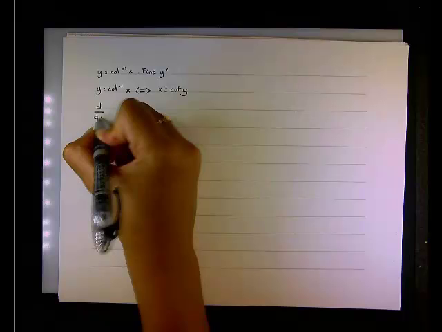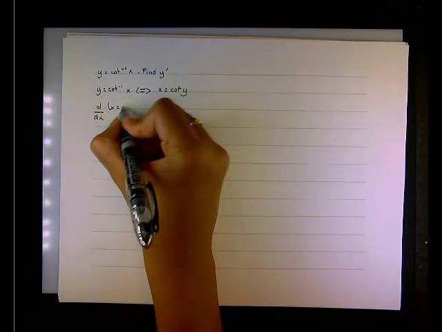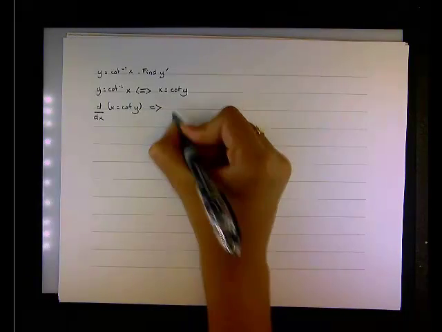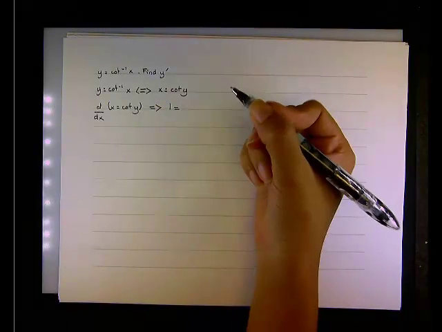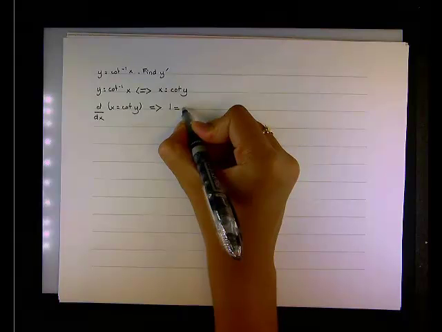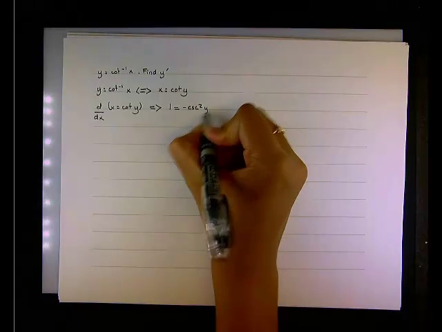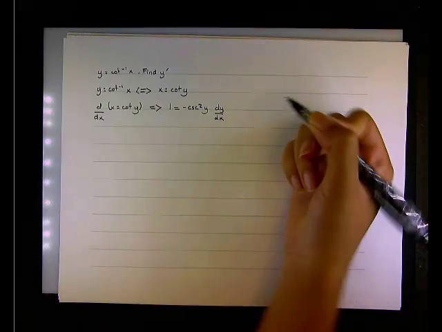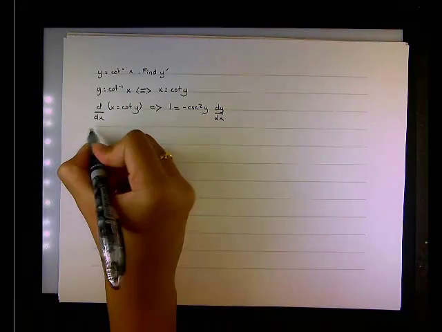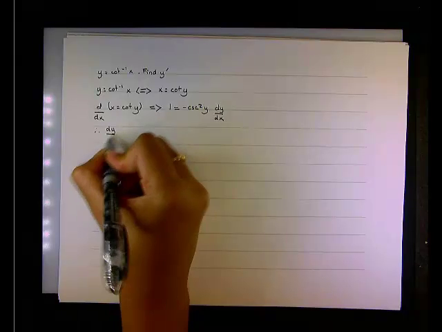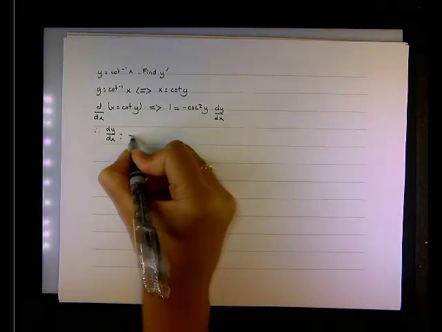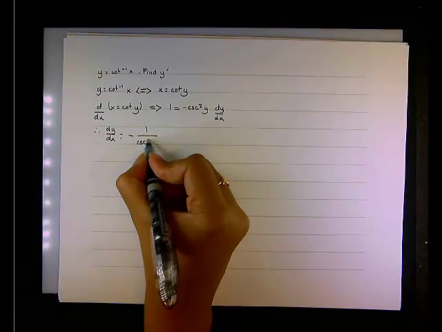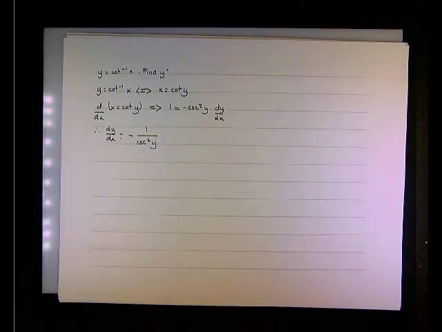The derivative of x equals cotangent of y means 1 equals negative cosecant square of y dy/dx. And therefore, dy/dx is equal to negative 1 over cosecant square of y.